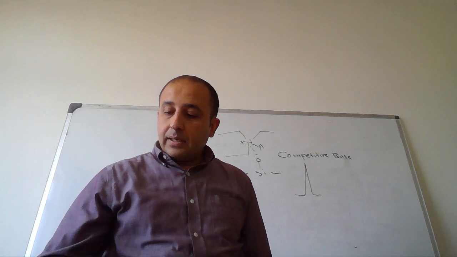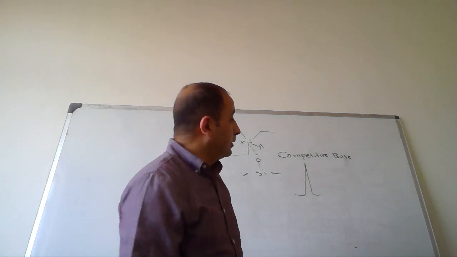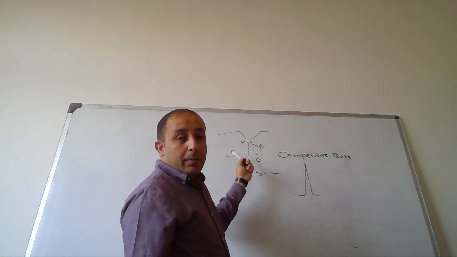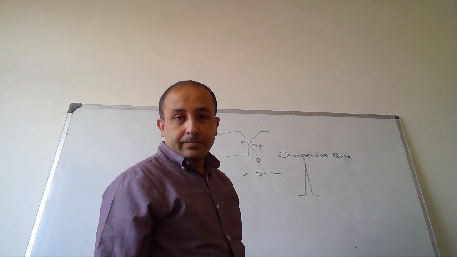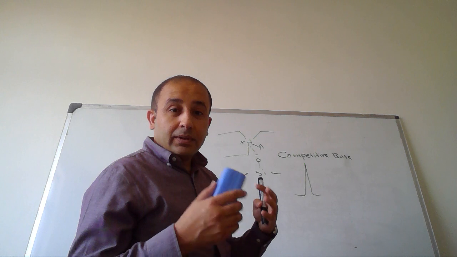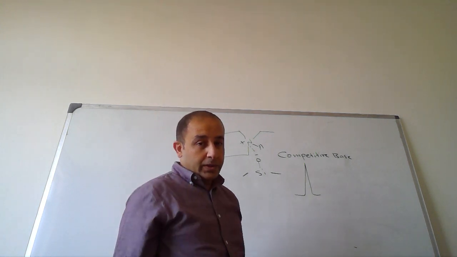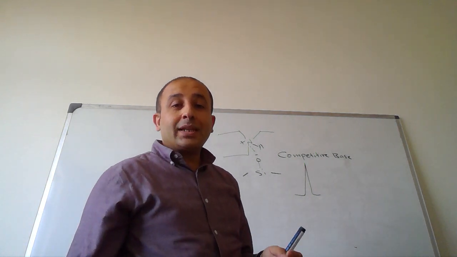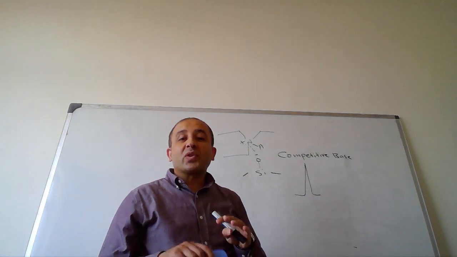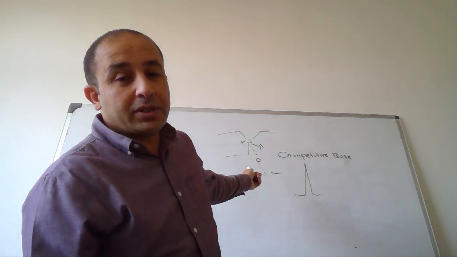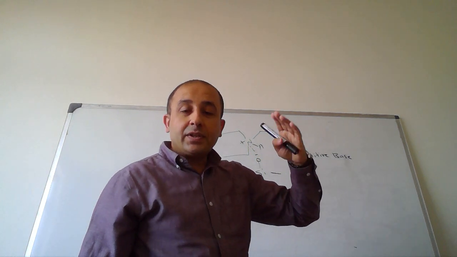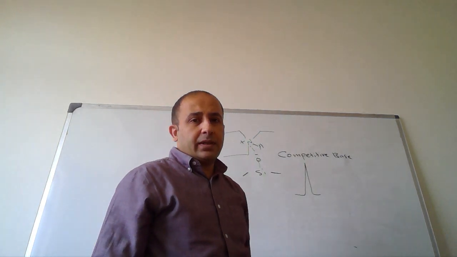So this is a good strategy, and if you see here, we choose a base without a chromophore. The reason behind that is that we don't want the UV detector of the chromatography to be overwhelmed with the detection of the competitive base. If we have a chromophore here, then the sensitivity of UV will be reduced significantly.